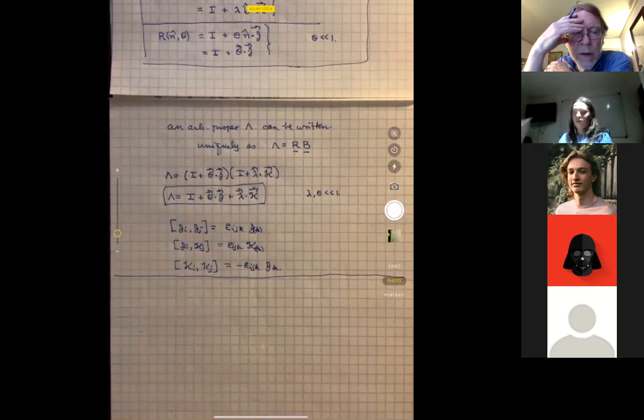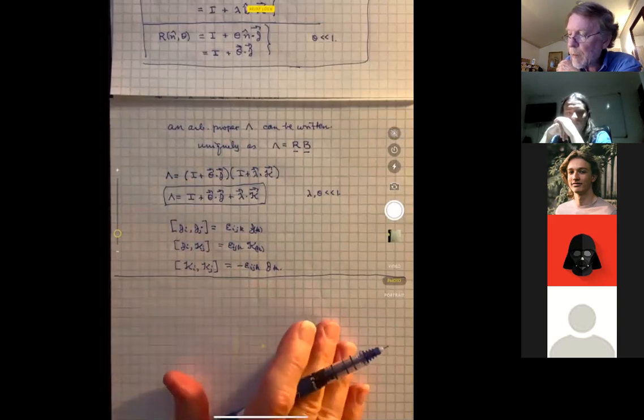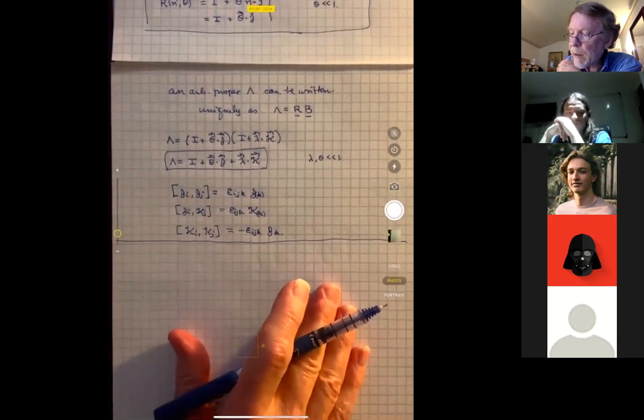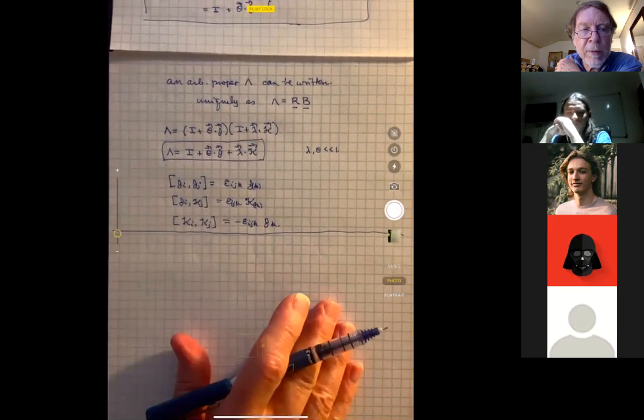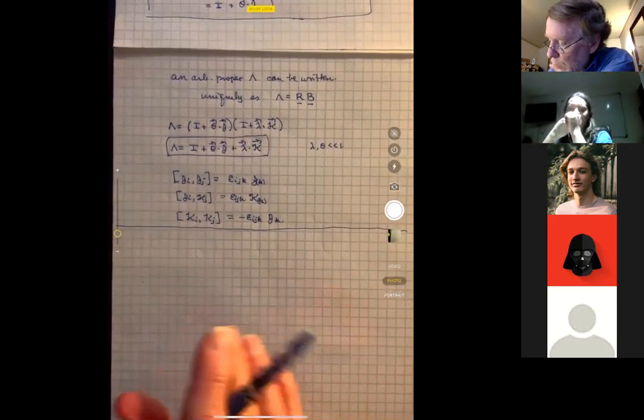If you go to a different Lorentz frame, you'll find what was a pure rotation in one frame is partly rotation and partly boost in a different frame. So it's desirable to have a covariant approach to the Lie algebra of the Lorentz group, as well as the one that we've just developed. So I'm going to in some ways repeat what I just did about infinitesimal Lorentz transformations, but do it from a covariant standpoint.